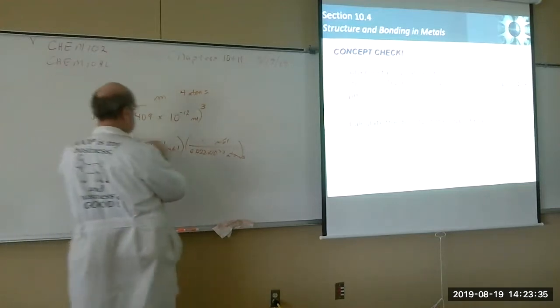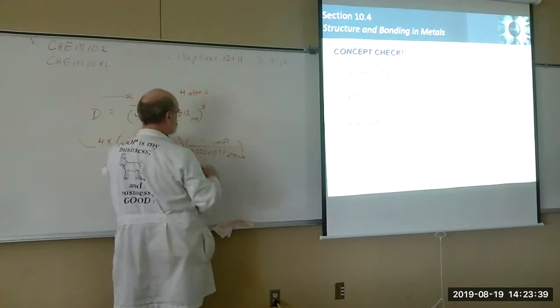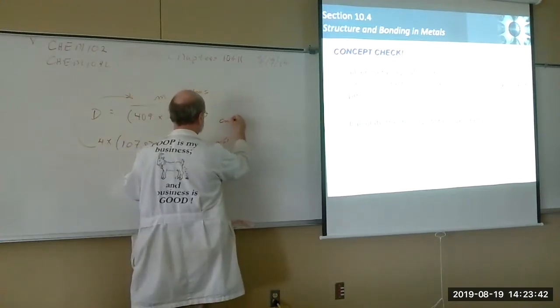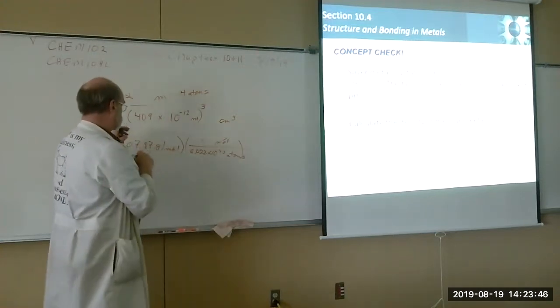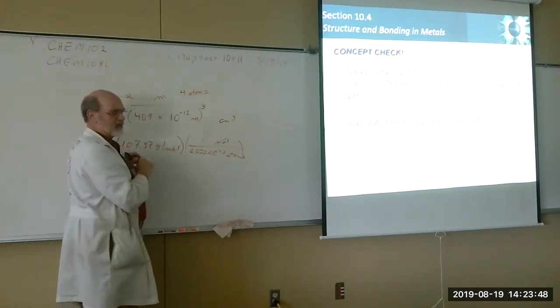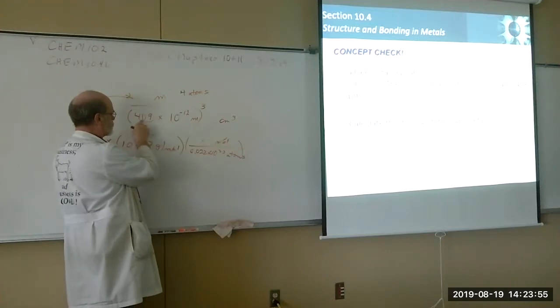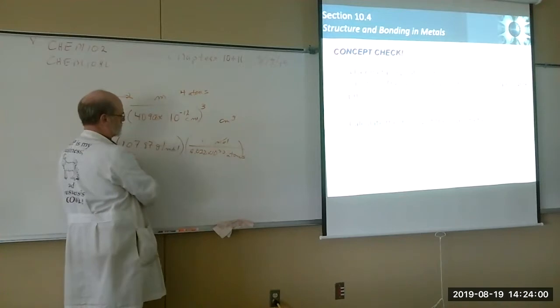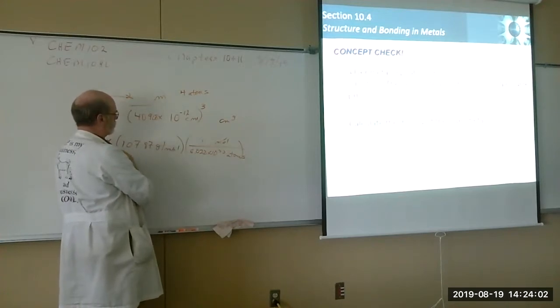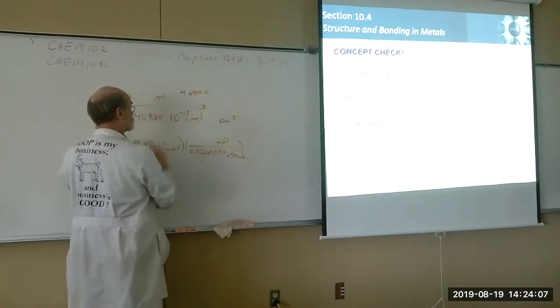Well, excuse me. This is cubic meters, so you need to change that to cubic centimeters. So if this is cubic meters, then how many centimeters in a meter? 100, right? So you just say, oh, another way, excuse me. Centimeters cubed. So that gives you cubic centimeters.